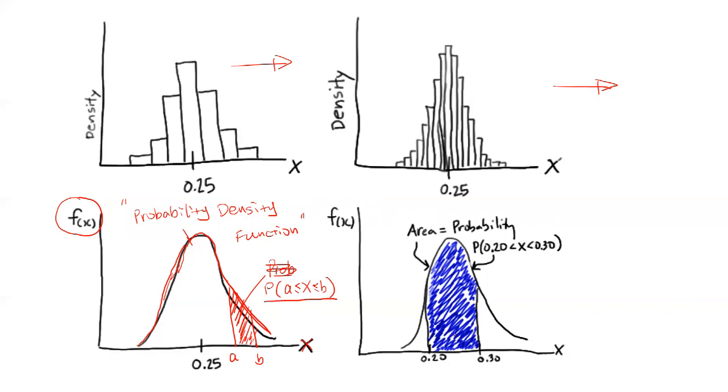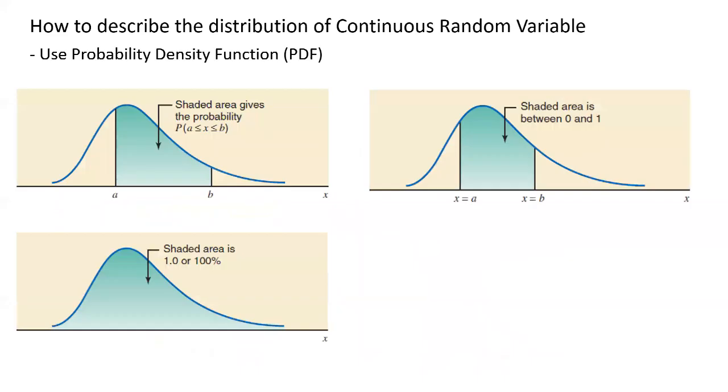Understand? For example, we have 0.20 here and 0.30 here. The shaded area here denotes the probability of x falling within this interval. Understand? Okay, let's see some of the properties the probability density function has.